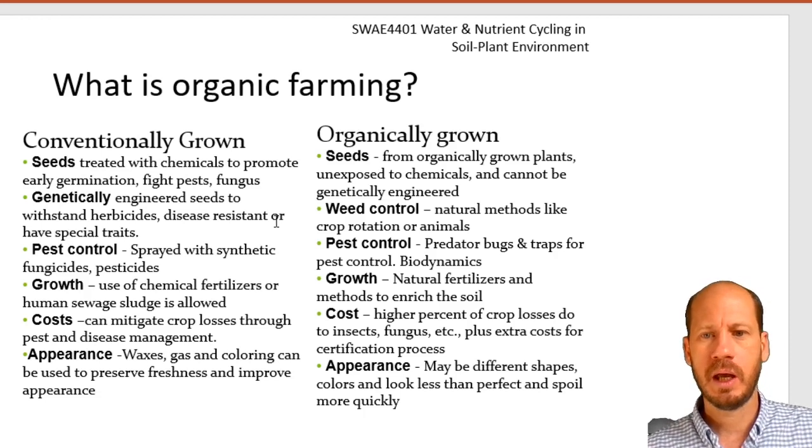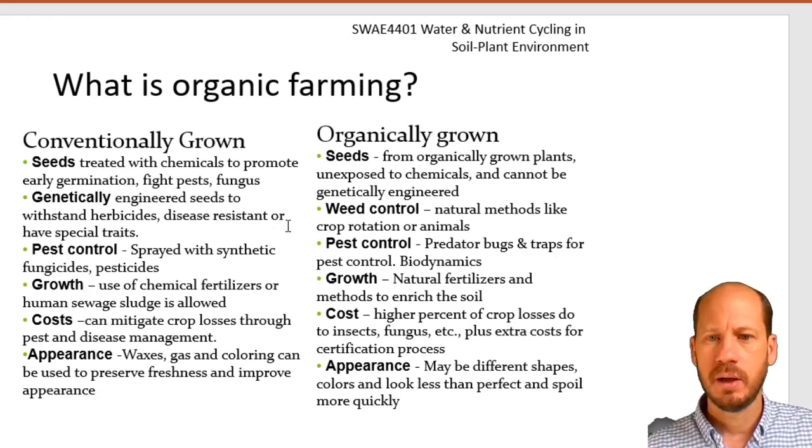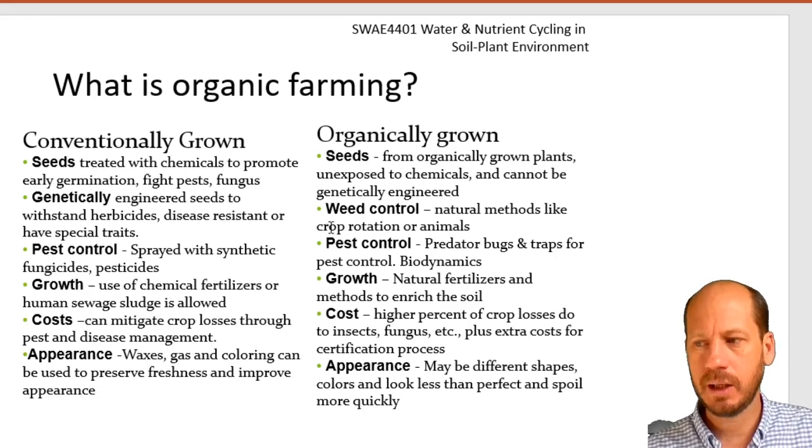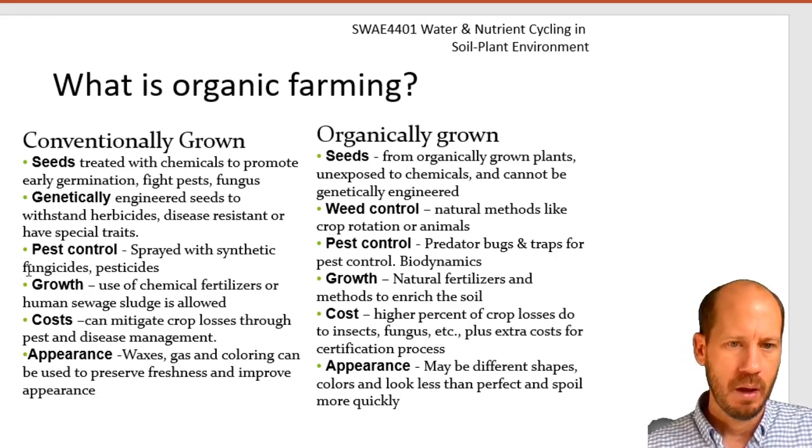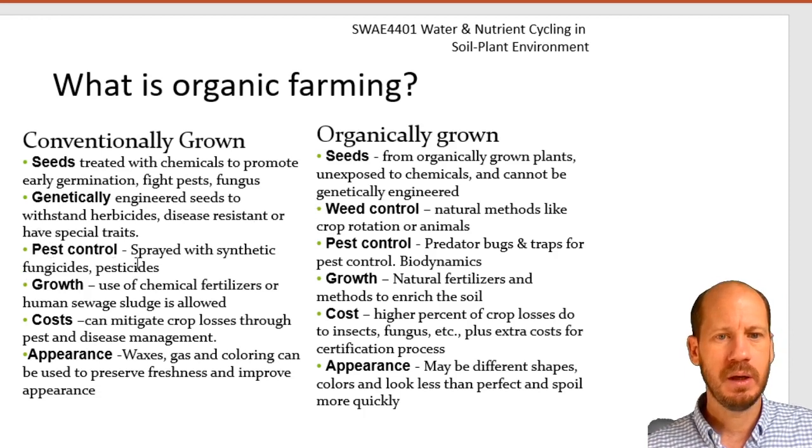You can only rely on natural methods like crop rotations, animals, or removing the weeds mechanically. For pest control, conventionally grown farms use synthetic fungicides and pesticides, whereas organic farms have to rely on natural enemies and alternative pesticides.